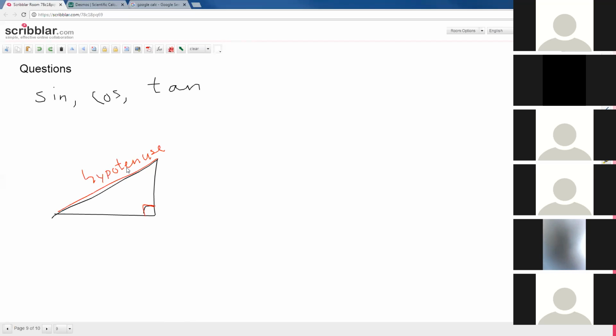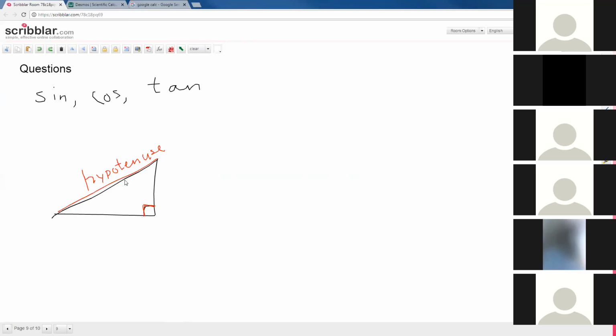So the right angle can be in any corner of the triangle. There will be a right angle somewhere, and the hypotenuse is always across from it. I always think of it as not touching it. If I drew this line in, it would touch the right angle. Or if I drew the bottom line in, it would touch the right angle. So the hypotenuse is always across from it.